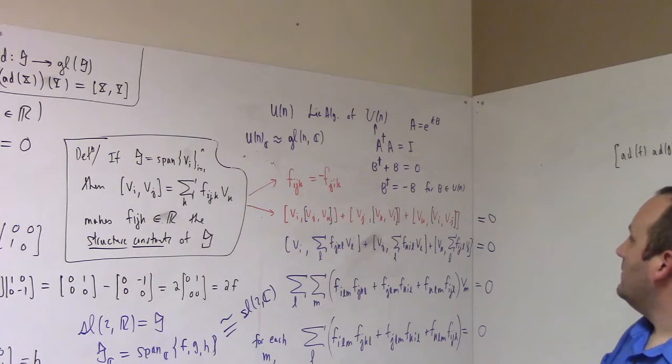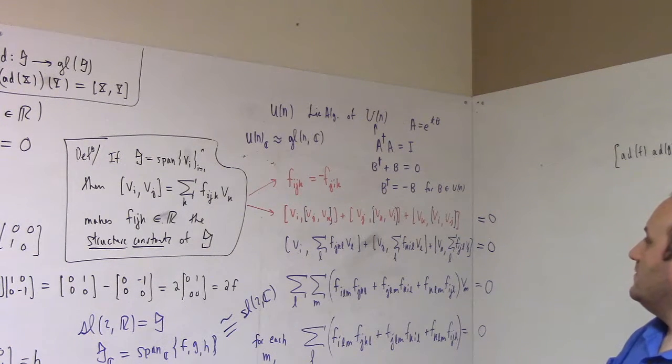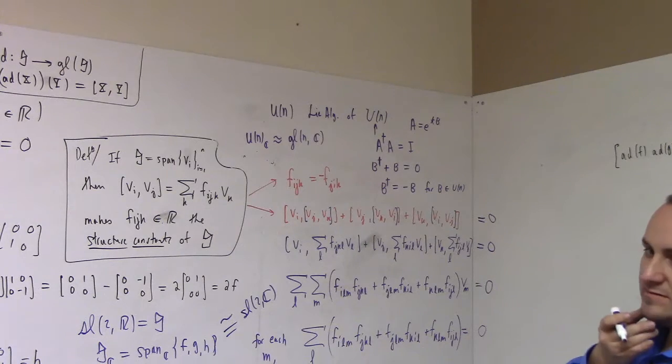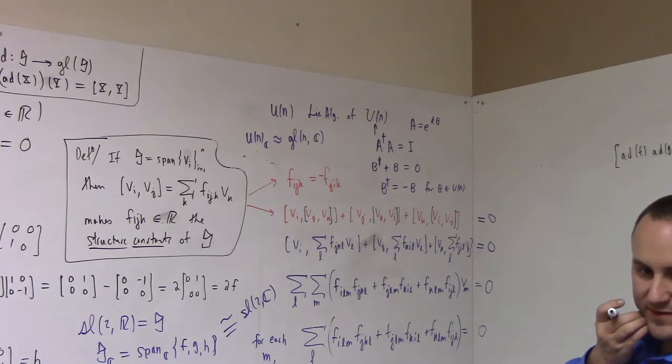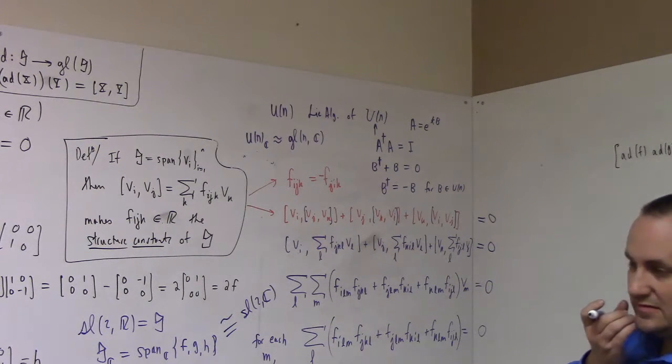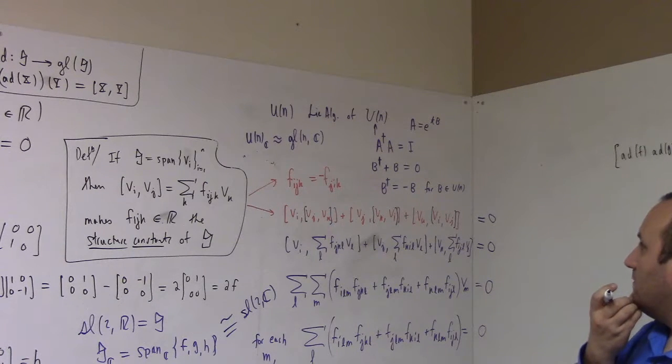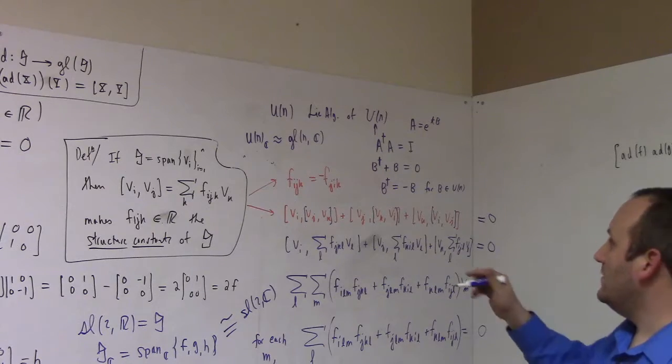But well, I mean, UN was really a subalgebra of the complex n by n matrices, right? There's a little bit more going on here. I guess that kind of makes sense.